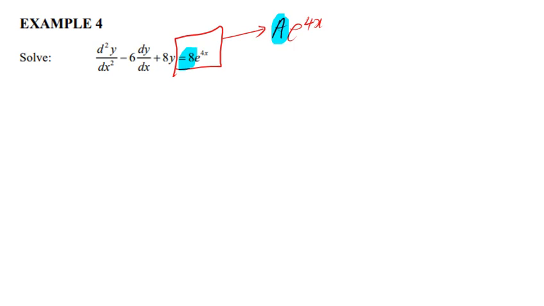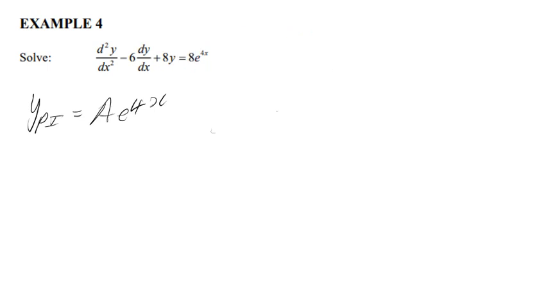Okay, then let's go and solve this. We're going to let YPI equal a e to the 4x. That's your YPI. Then you go to the original equation. You're going to see that you are required to find d squared y over dx squared, dy over dx and also y. This y right there is your YPI.